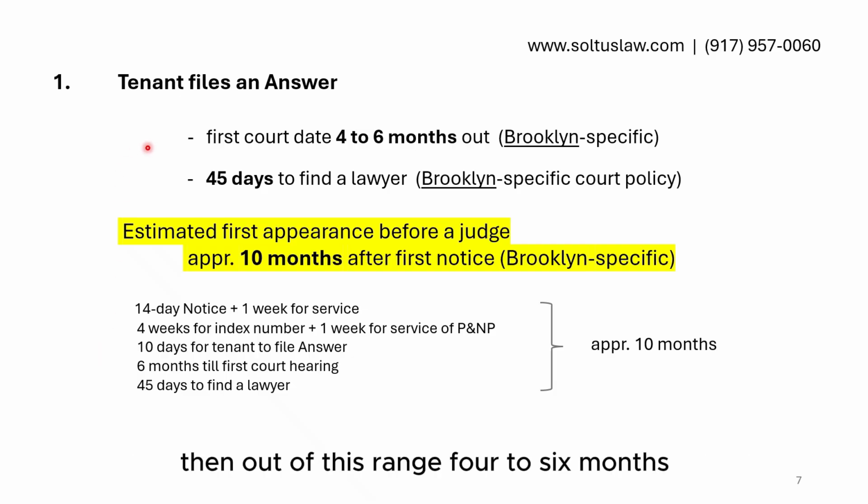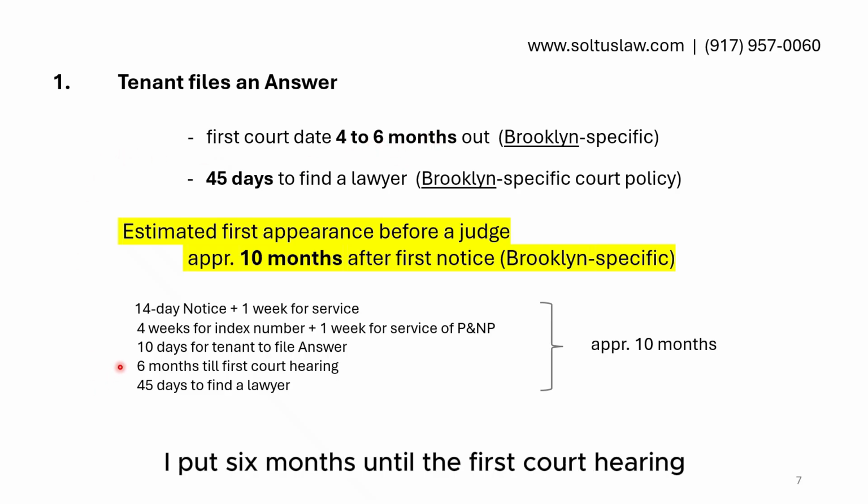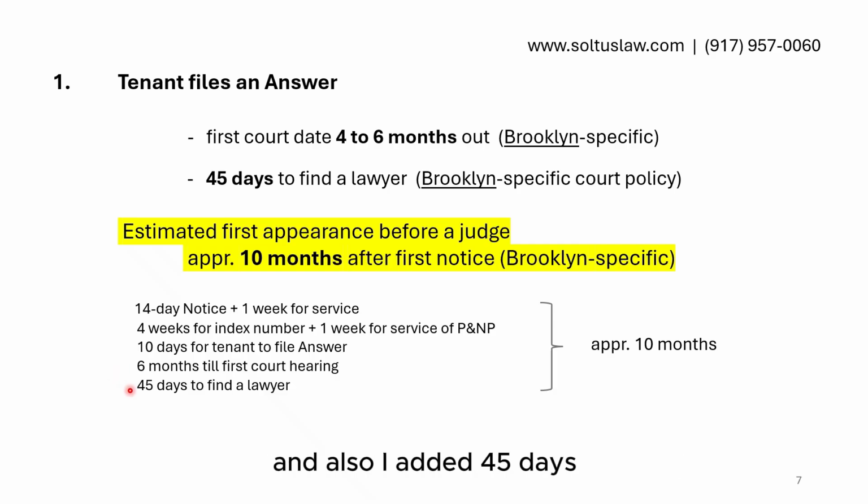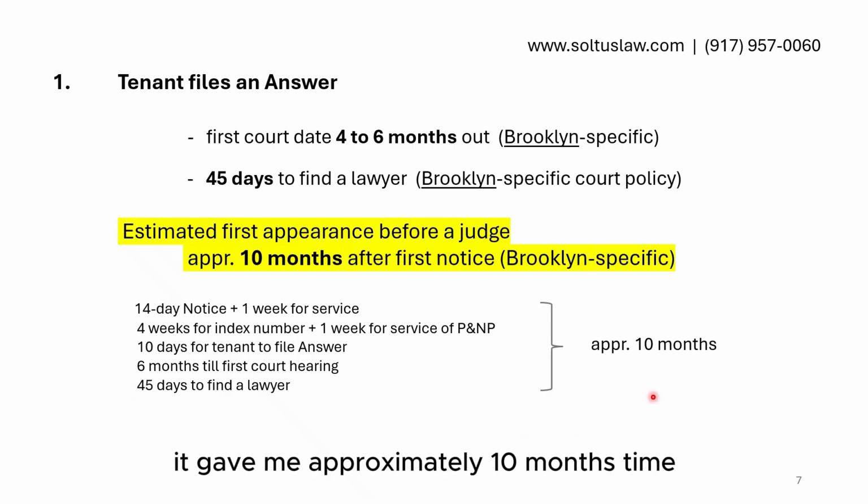Then out of the range of 4 to 6 months, I took the more conservative side: 6 months until the first court hearing, and I also added 45 days that the tenant may get to find an attorney. Together, in total, it gave me approximately 10 months.